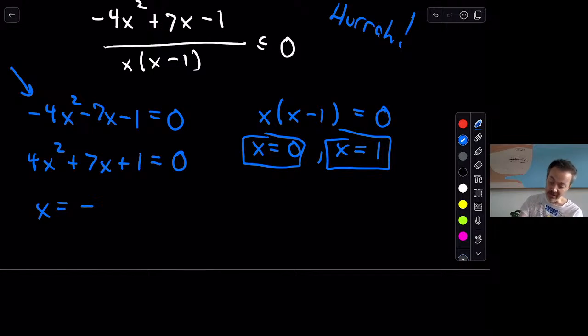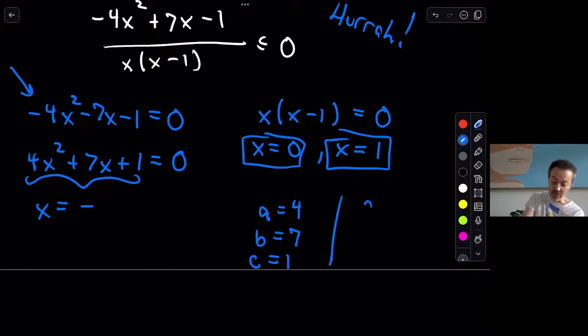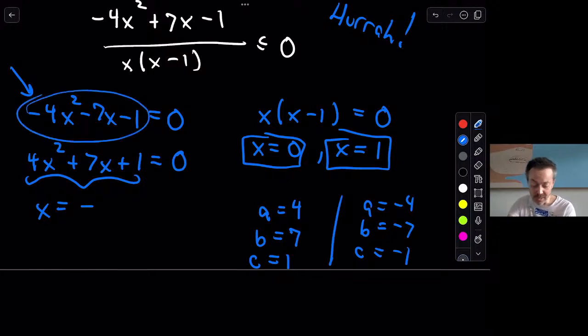x equals negative b, and again, I'm using my values here. My a value is going to be positive 4, my b value is going to be positive 7, my c value is going to be positive 1. Notice if you used a equals negative 4, b equals negative 7, c equals negative 1, the original ones, guess what happens?